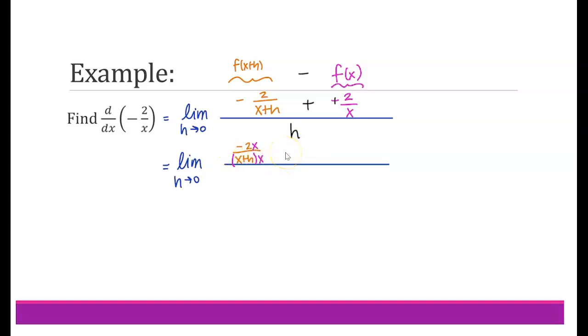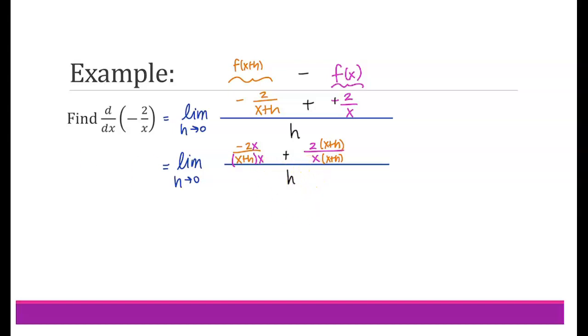And then I have plus 2 over x, but I need them to have a common denominator, so I'm going to put an x plus h on the bottom, which means I need a quantity x plus h on the top, because again, x plus h over x plus h is just 1. So now these have common denominators. They have x times the quantity x plus h, so I can add the two fractions in the numerator together.